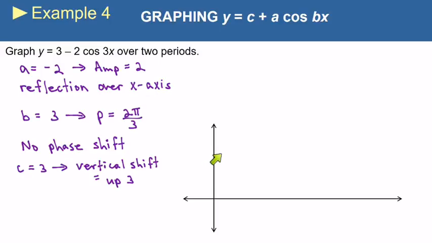If we shifted everything up 3 and then we flipped over the x-axis, the graph would be way down here, below the bottom of the page. So what's really happening is that we're flipping over the x-axis first, and then we're going up 3.